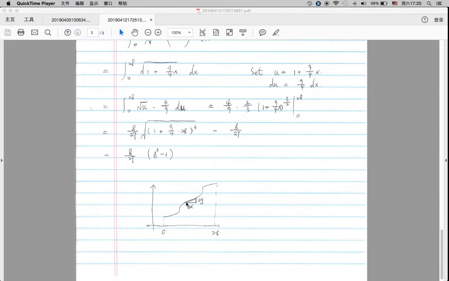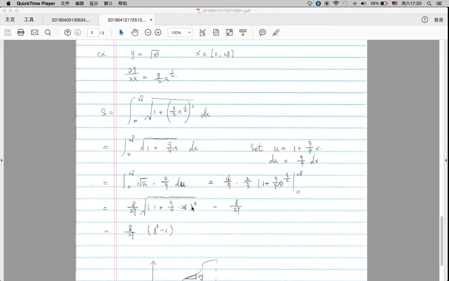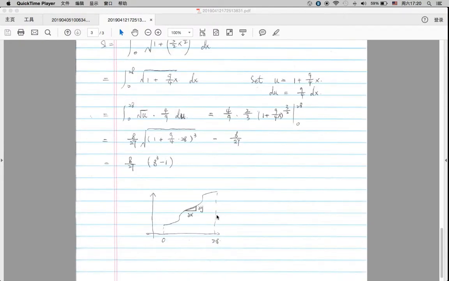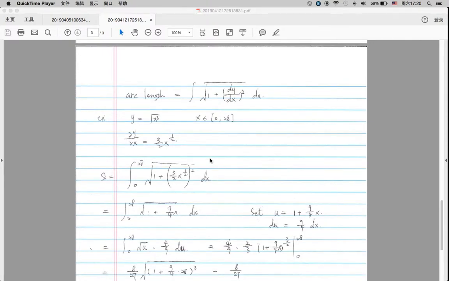That is the arc length for each small interval, and then we take the integral over the interval. That will give us the arc length.